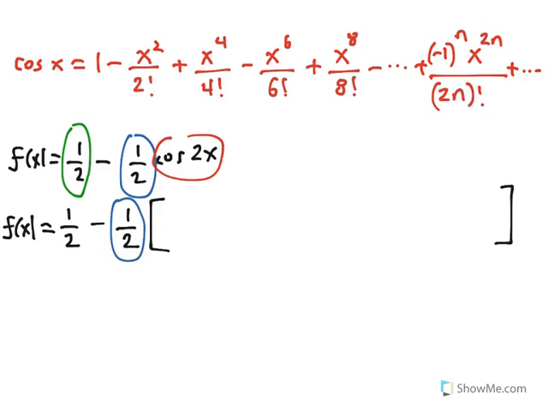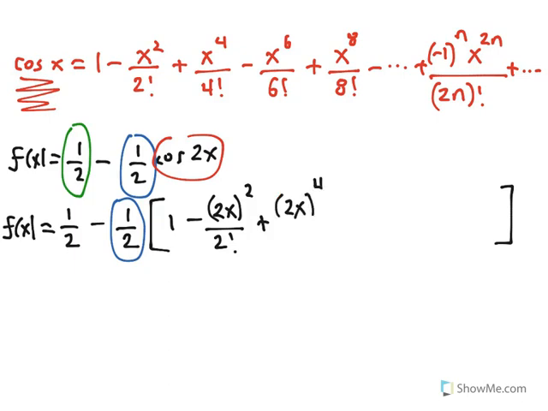And the power series for cosine of 2x, I can get that very easily by using the power series for cosine of x and replacing x with 2x. So the first term will be 1 minus 2x squared over 2 factorial plus 2x to the 4th over 4 factorial minus 2x to the 6th over 6 factorial, and so on.